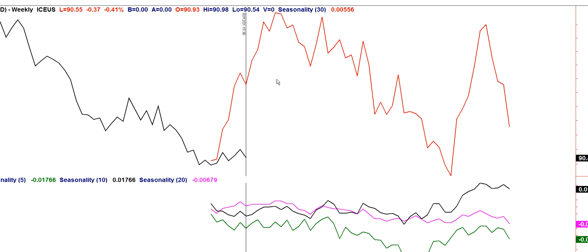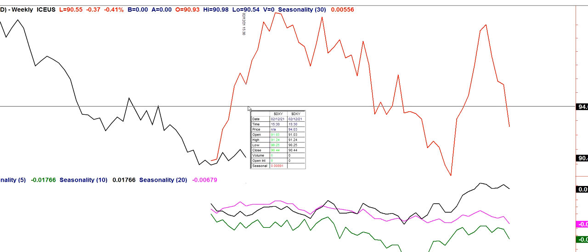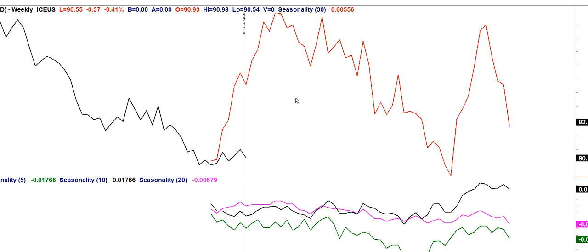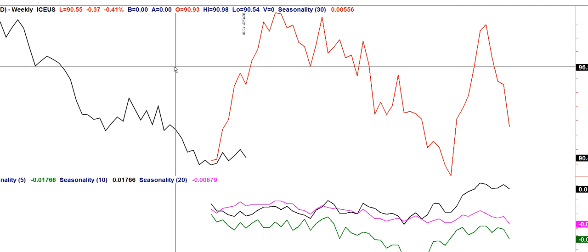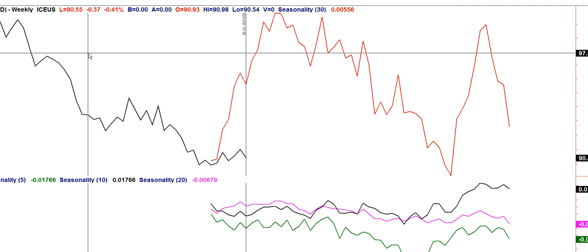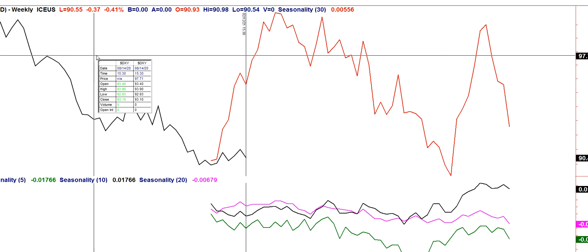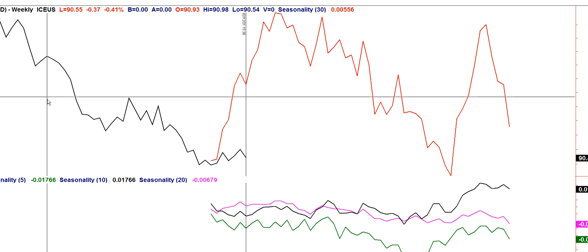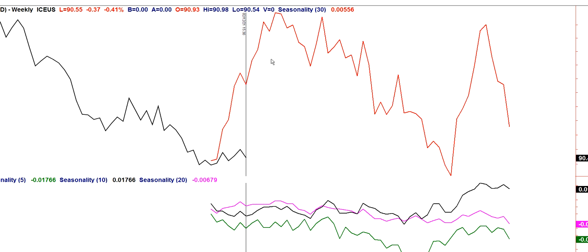So the next, I'd say, month is extremely strong from a seasonal perspective for the US dollar, right? That would be the inverse of euro because euro is 57% of DXY. You can see I have this as of last Friday's close because I'm just looking at weekly closes with seasonality. This red is 30-year seasonality.